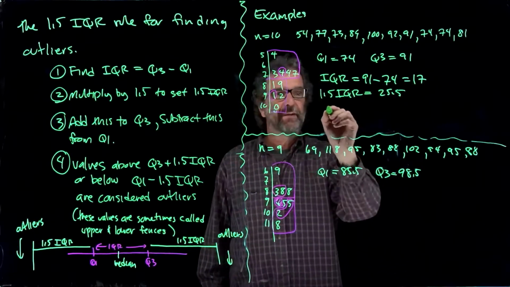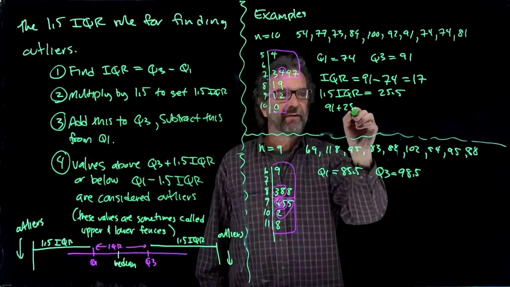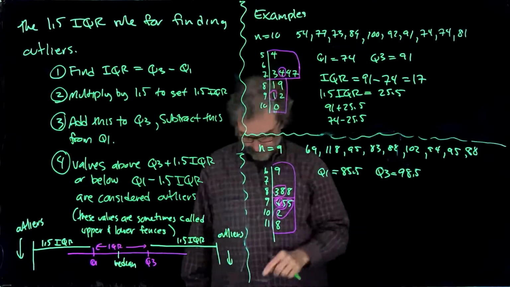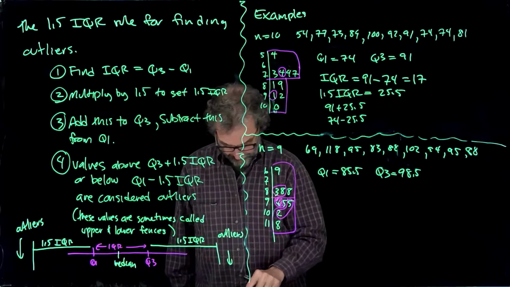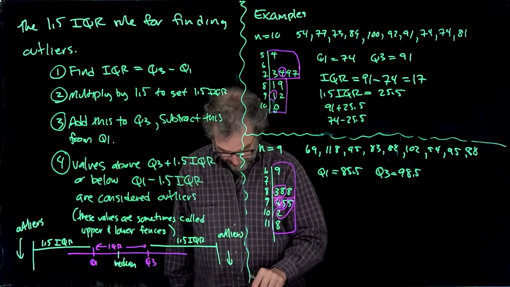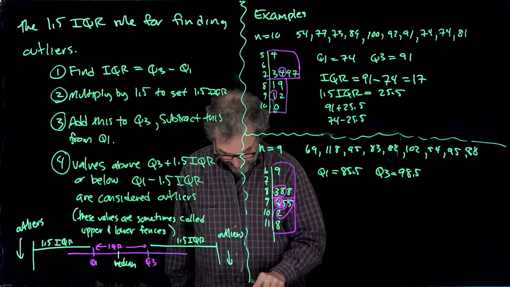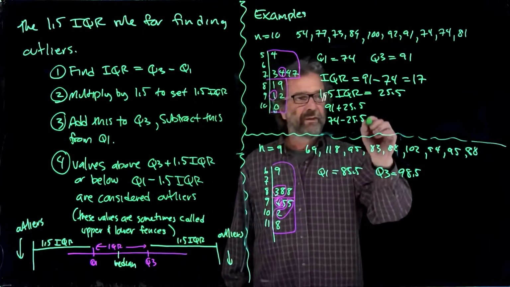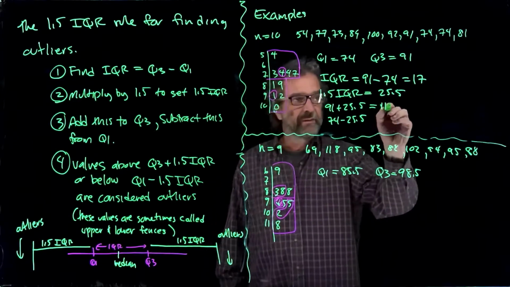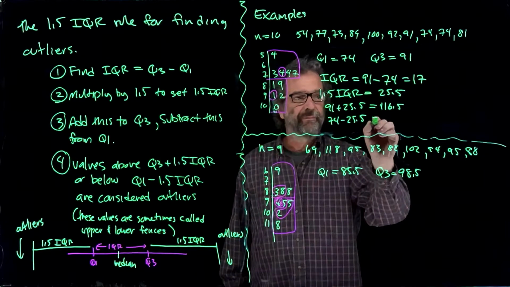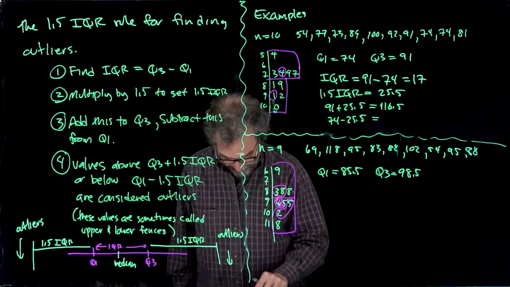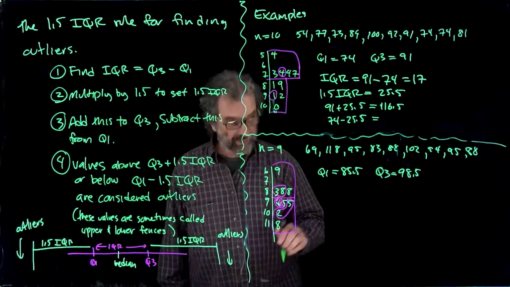So I'm going to take 91 plus 25.5, and we take 74 minus 25.5. 91 plus 25.5 is 116.5. 74 minus 25.5 is 48.5.